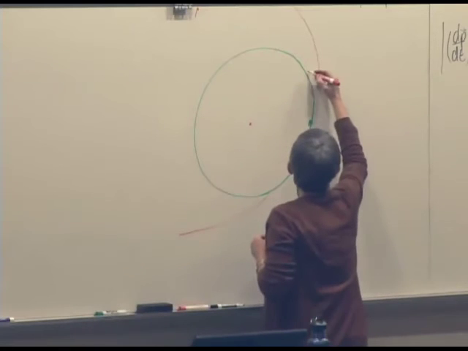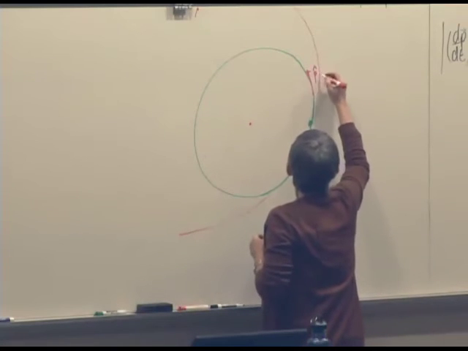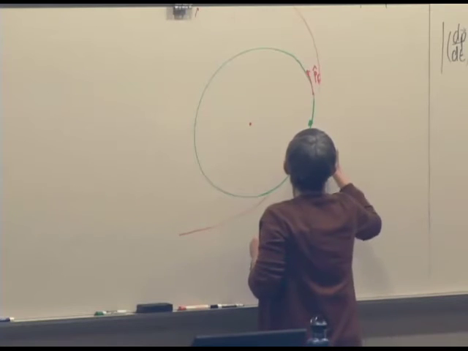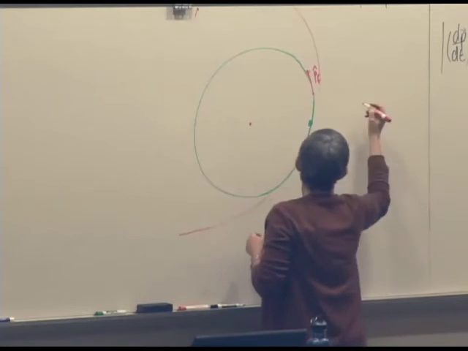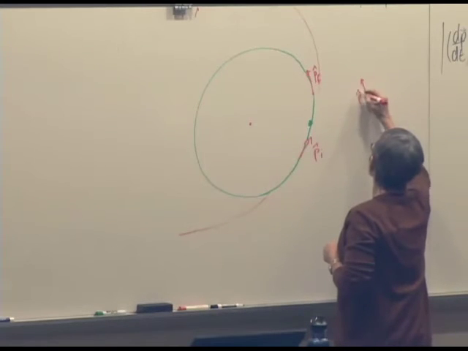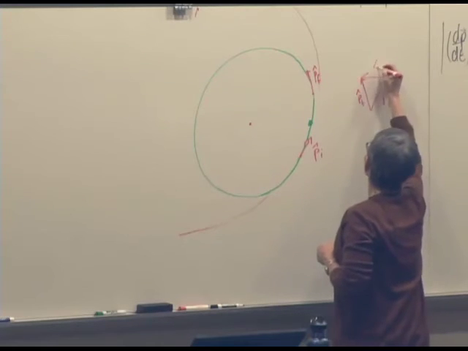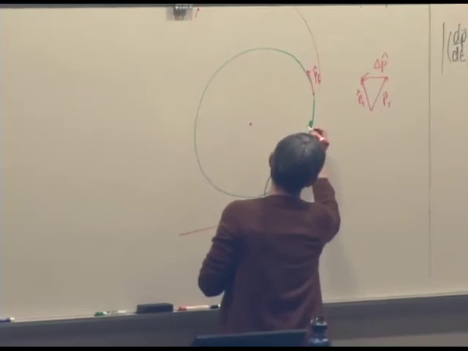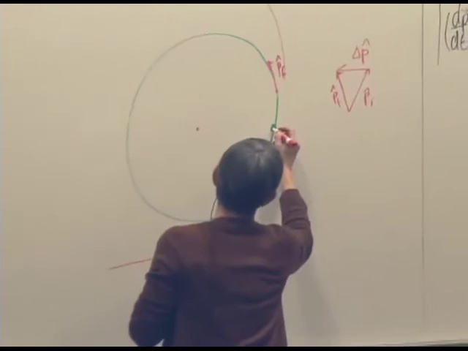So we've got p hat final, p hat initial. We put these two things together, so here's final, here's initial. That's delta p hat, okay?